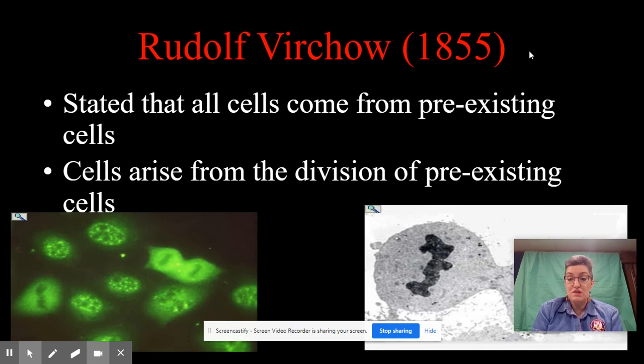Not because something was already in there or something was in the air or something was transported by bugs, just spontaneously it would grow. And so Virchow's work was really instrumental in this concept that cells are coming from cells. So there had to be something that started that process.